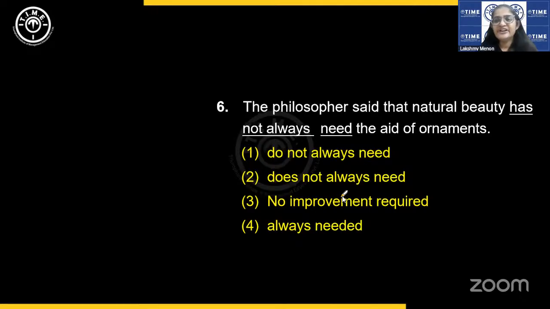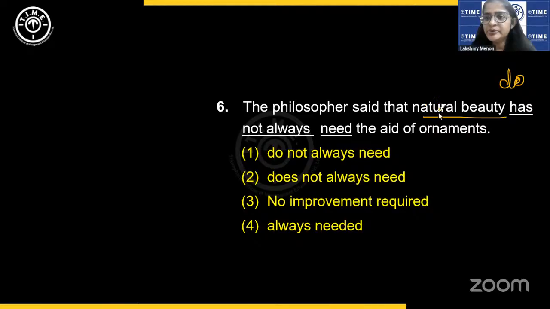Next, the philosopher said that natural beauty has not always need the aid of ornaments. This should be very easy. What is the subject here? Natural beauty. Natural beauty has not always need. How do we say it? What verb do we need? The verb is the right form of the verb do.